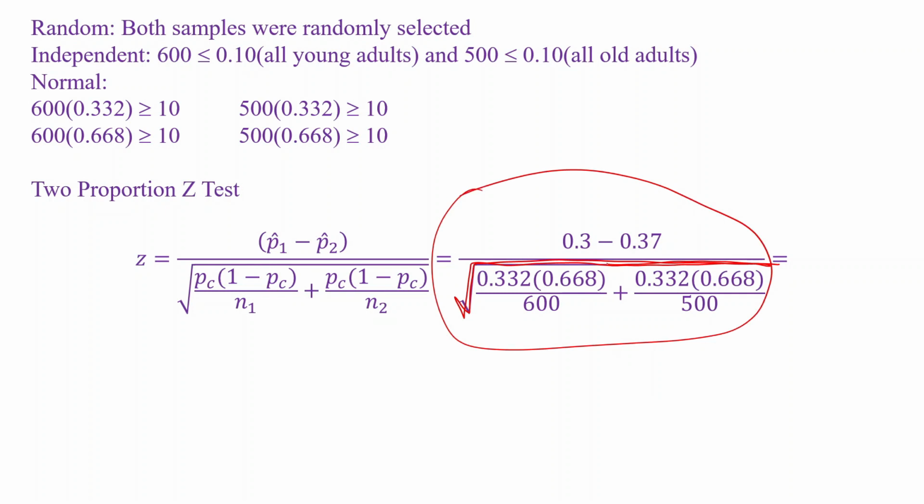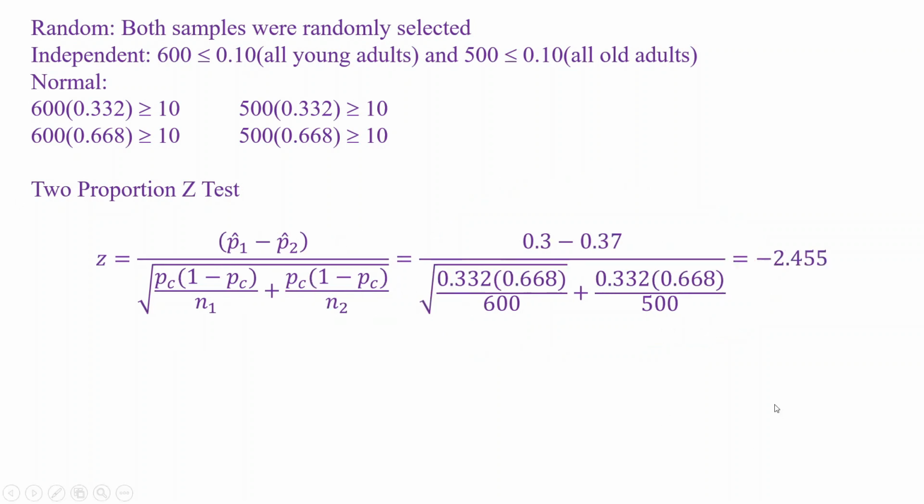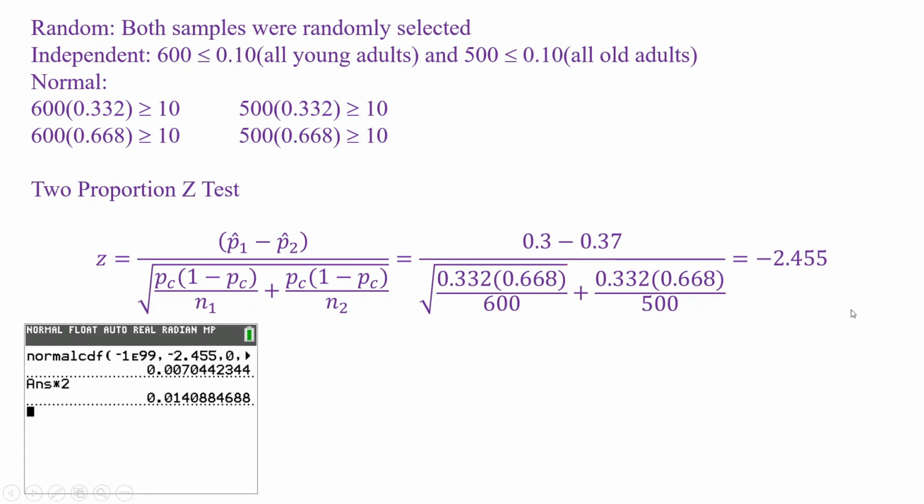So in your numerator, you use your P hat sub 1, P hat sub 2, and in the denominator, you use your pooled sample proportion here. And then you can find your Z value. And that's negative 2.455. All right. And then from there, we find the P value. Here's what we do on the calculator to remind you.